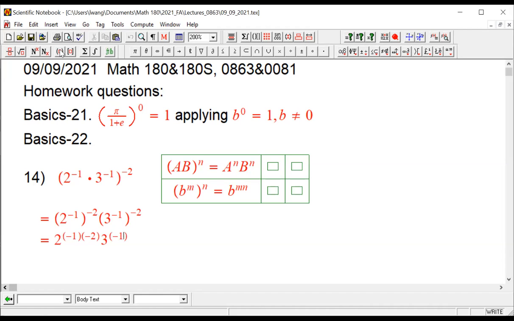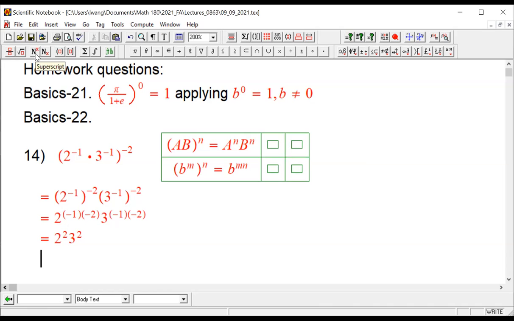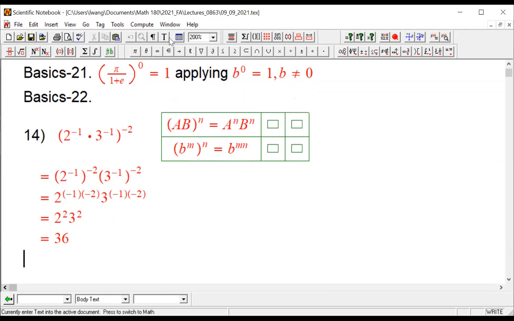Do you see that? Yeah. So in the end, we get 2 to the power 2 multiplied by 3 to the power 2. And in the end, we get 4 times 9 equals 36.